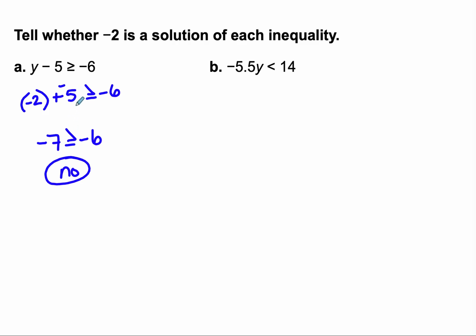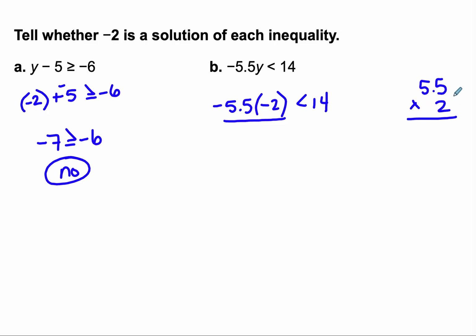You have to show your answer or work for your answer. You can't just write no. But no, that one is not a solution. Let's check our next one. So again, we're going to put in negative 2 for the y. Negative 5.5y means negative 5.5 times y. And on this one, y is negative 2, is less than 14. Since I have decimal multiplication, I'm going to bring that over to the side here. I'm going to pretend it's like 55 times 2. 2 times 5 is 10. 2 times 5 is 10 plus 1 is 11.